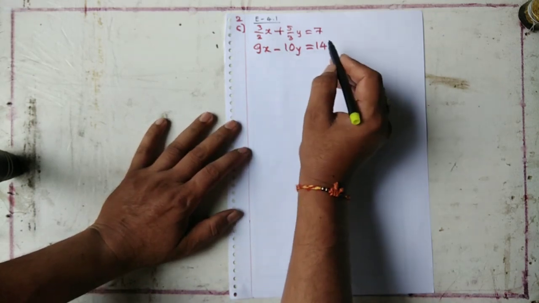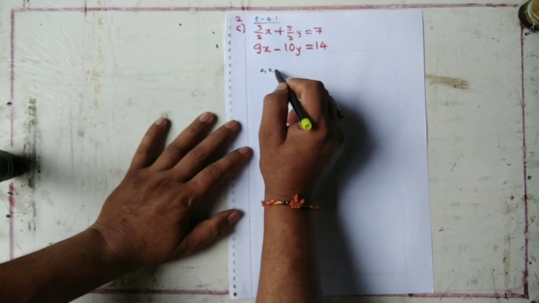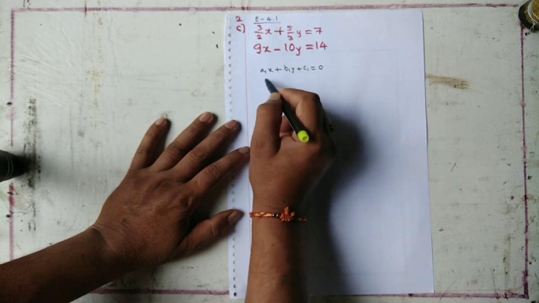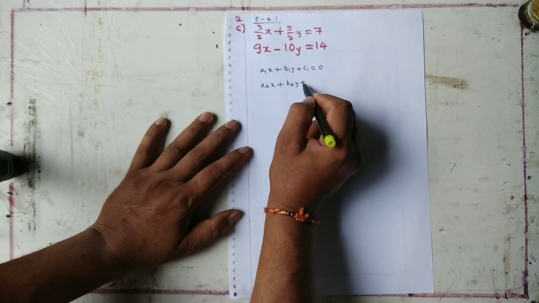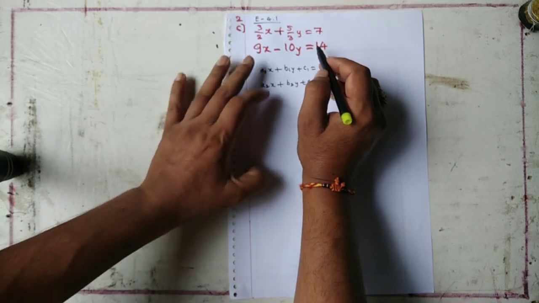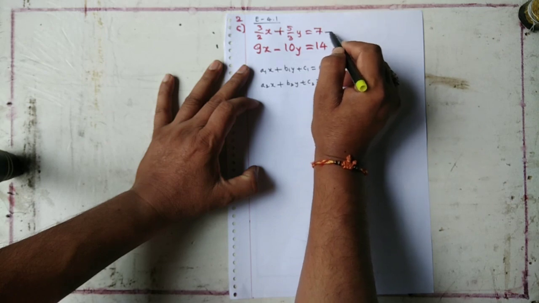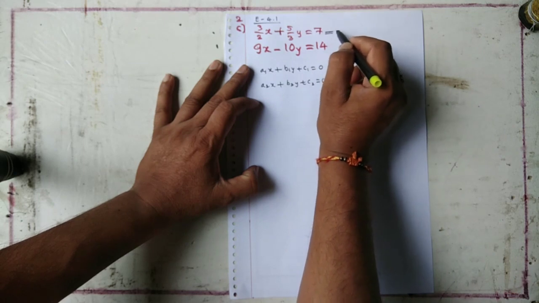On comparing a1x plus b1y plus c1 is equal to 0 and a2x plus b2y plus c2 is equal to 0, first we have to make this equation a linear equation.